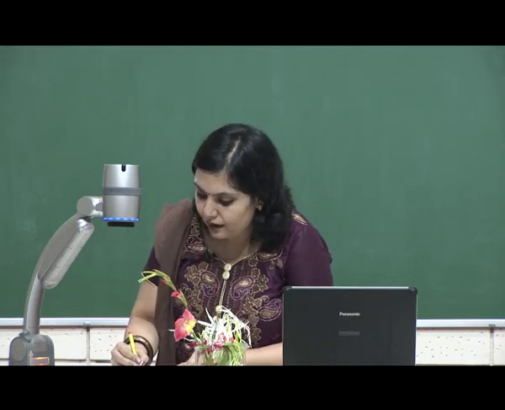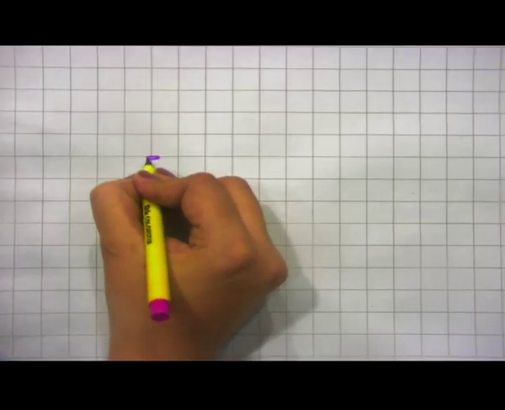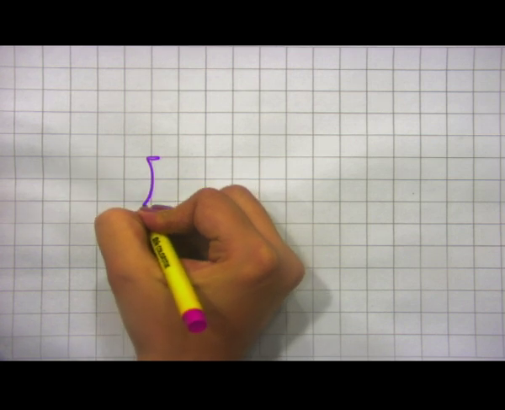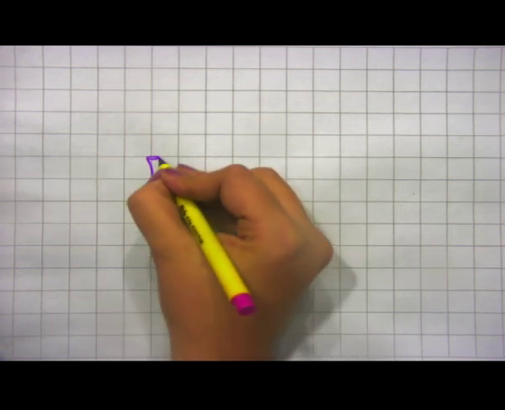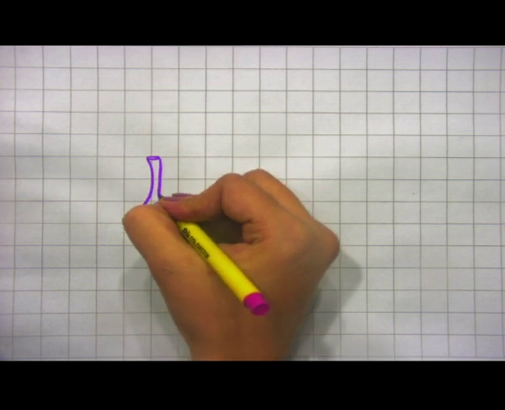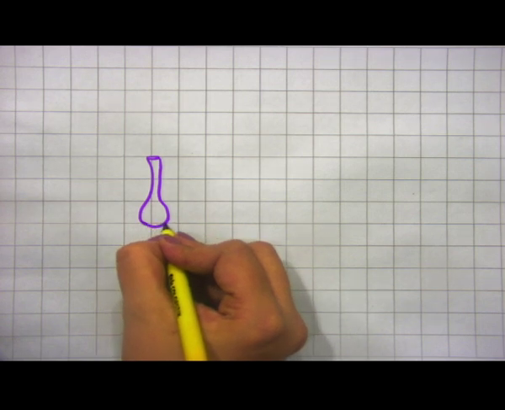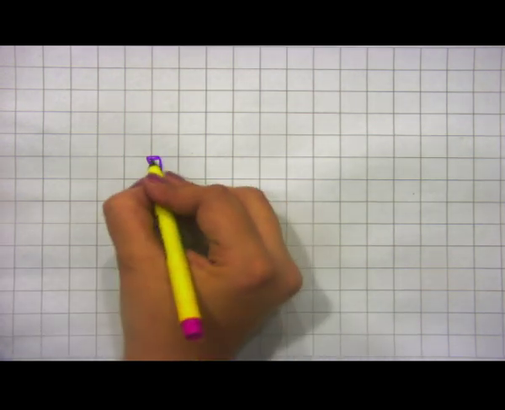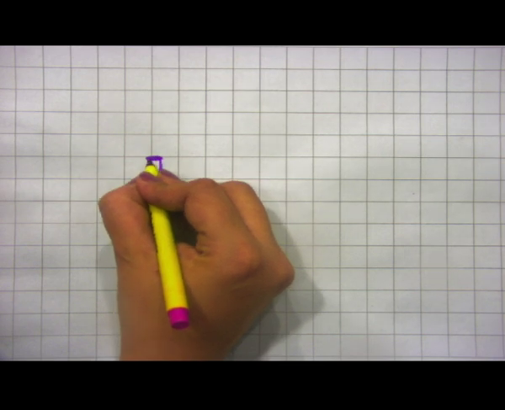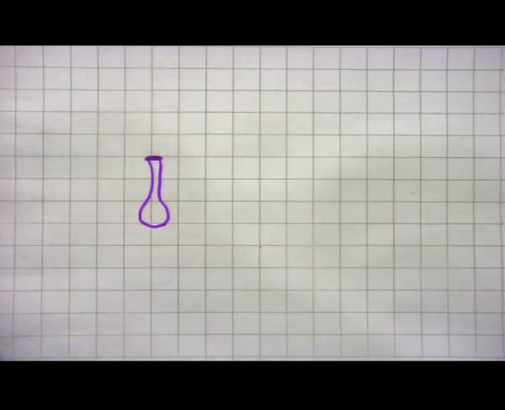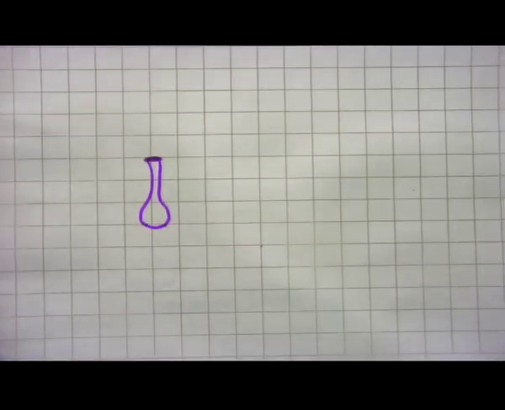While we draw the angiospermic flower, we will begin with the stigma and the style and the ovary. That is, we draw the carpel first, which forms the innermost whorl of the flower. So, this can be the structure of a typical style, stigma and ovary, that is a typical carpel.